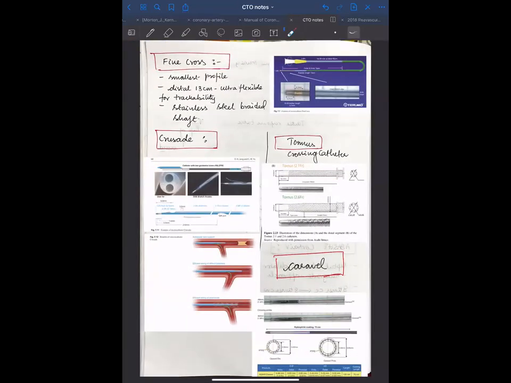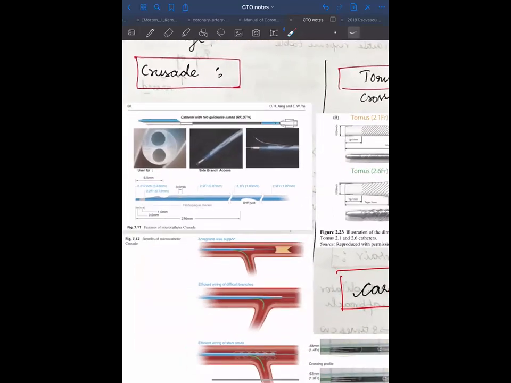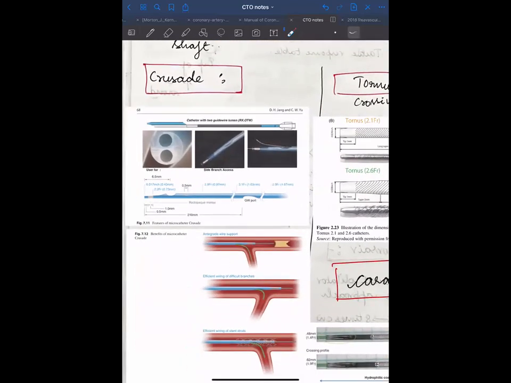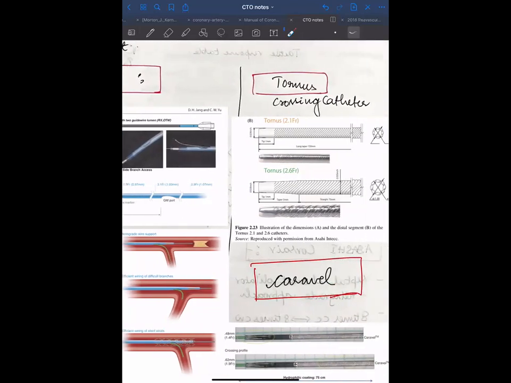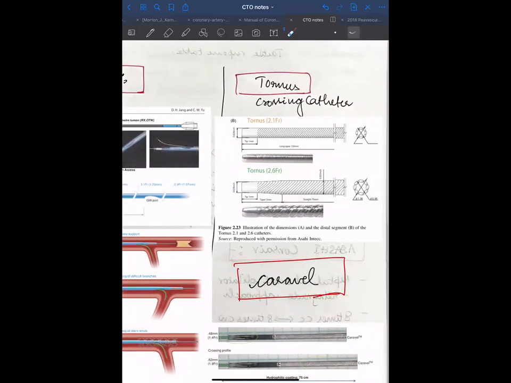The other less used ones are Crusade. Crusade is basically a guide wire catheter with 2 lumens, where, as we can see here, you can use it to wire the side branch using the same microcatheter, and also use it for penetration of the CTO. This is a benefit of using a Crusade catheter. Sometimes after very resistant lesions, we can use a Tornus.